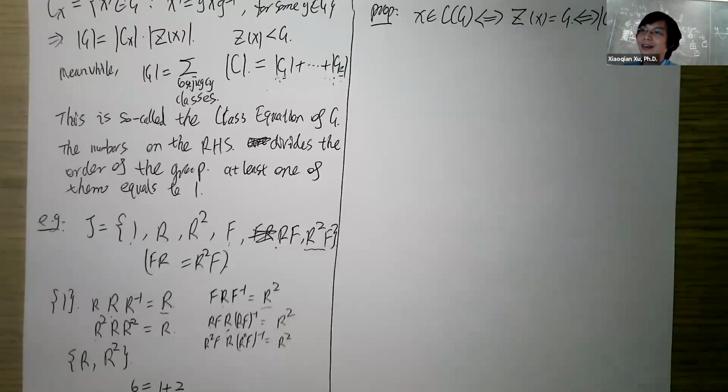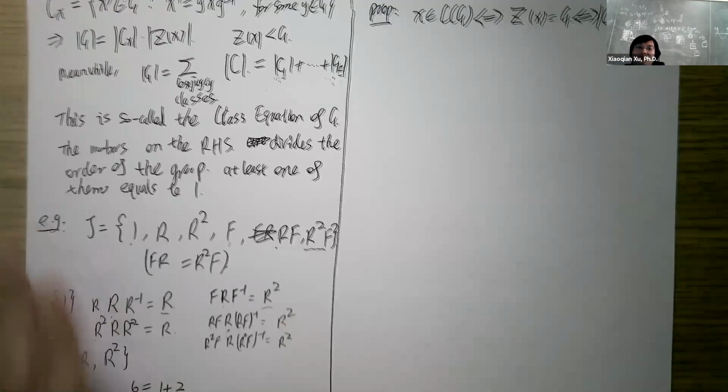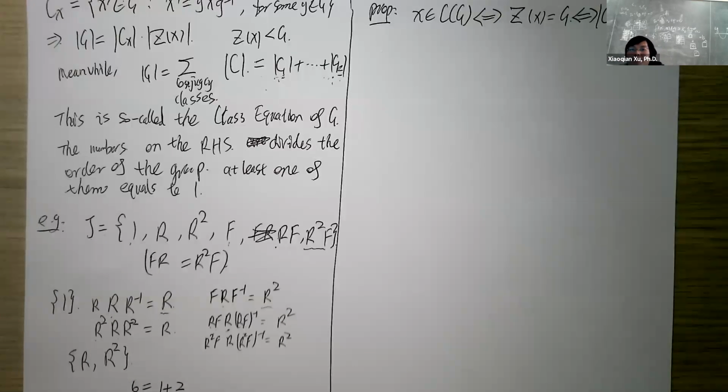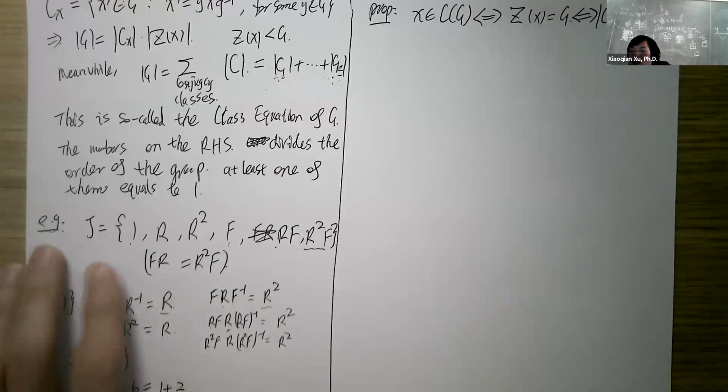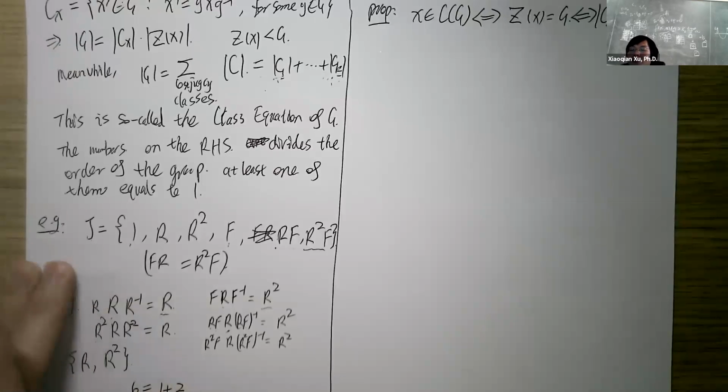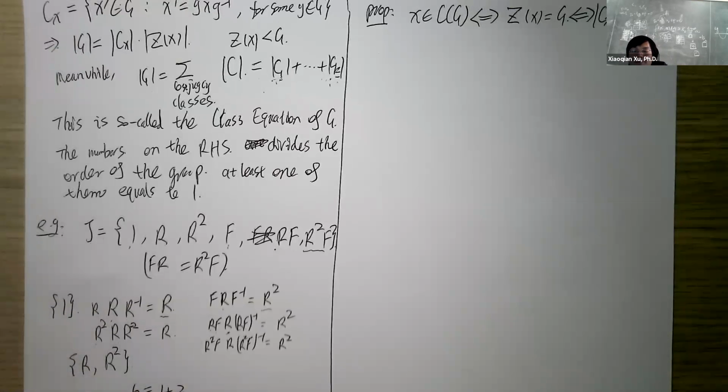If there is 1 element that it does not commute with, then it's not in the center. This is the logic.